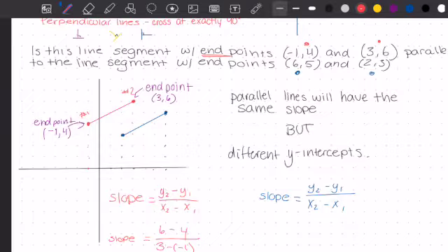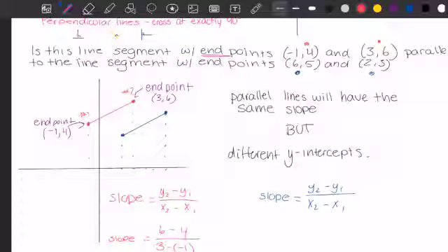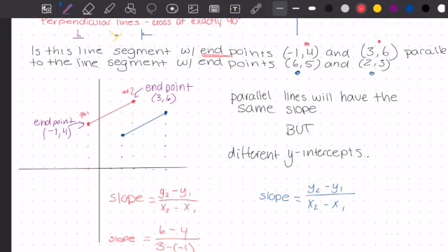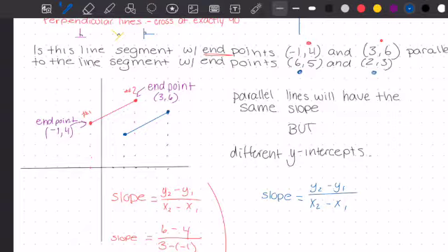Okay, so the slope of my red line is 2 over 3 minus negative 1, which is 4, or 1/2. Does that make sense? Finding slope?